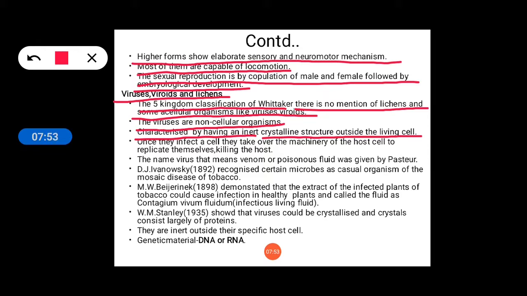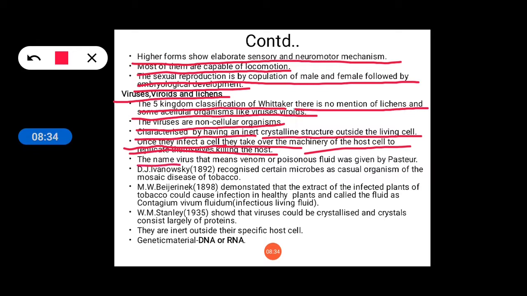Once the viruses infect a healthy cell, they take over the machinery of the host cell to replicate themselves, producing their copies and killing the host cell.